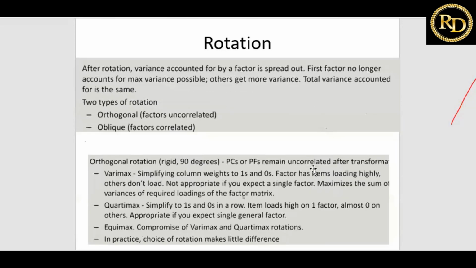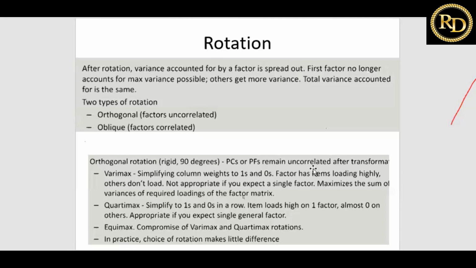After rotation, the variance accounted for by a factor is spread out among the factors. So the first factor no longer accounts for the maximum variability possible, and the others get more variance. The total variance accounted for is the same, as required by the type of rotation.